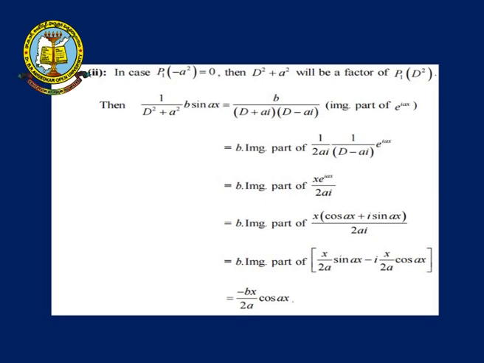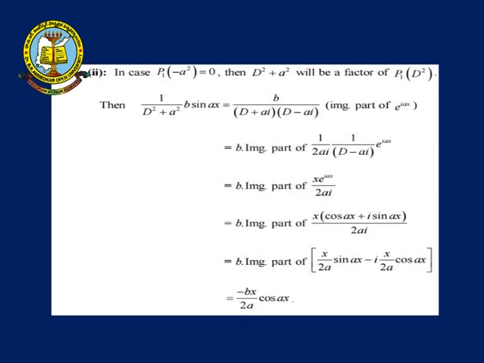What is that? b is a constant, you take it common. Here the imaginary part, d equal to, the exponential form will be there, and the same procedure we can apply. We use x to the power of 1 by 1 factorial, then we go for the substitution. With similar substitution, the simplification is x by 2a into sin ax minus i into x by 2a into cos ax.